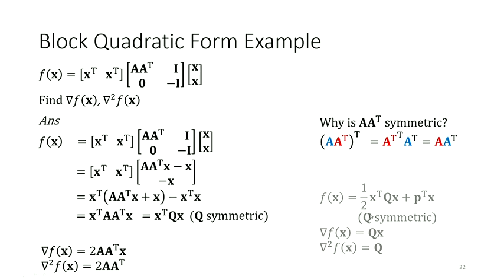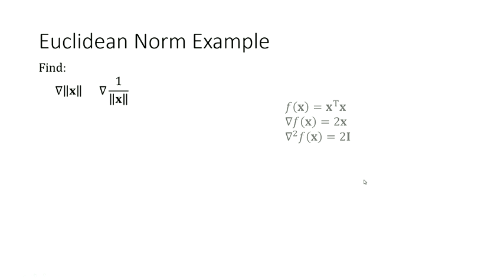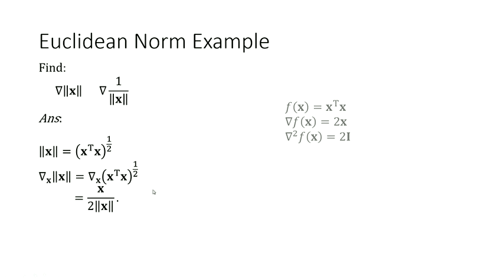Okay, so back here, the L2 norm is simply the square root of X transpose X. So the derivative of this is 1 over 2 times the expression for the square root, you know it, right?